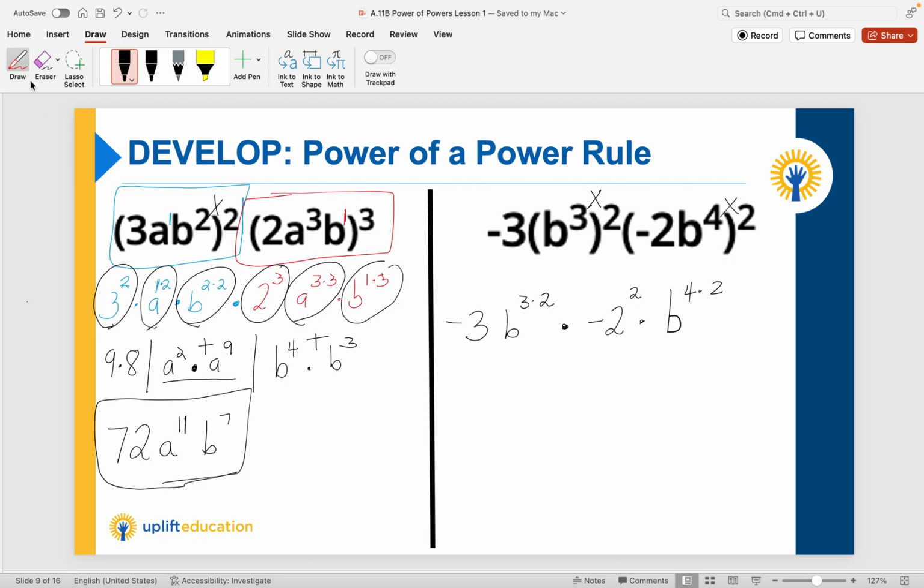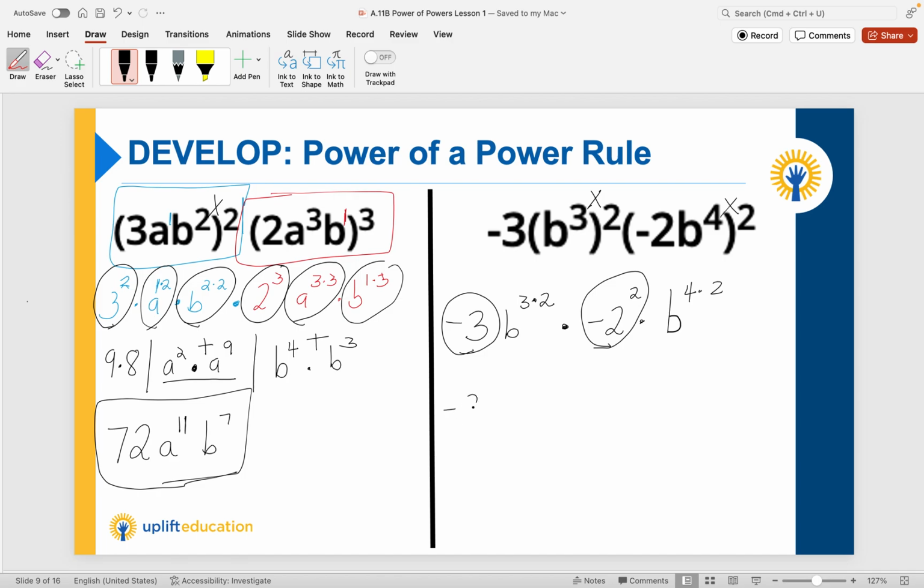All right. So now we're going to go ahead and do our multiplication here. And we're going to have our numbers first, like we always do. So I have a negative 3 times negative 2 squared. Well, negative 2 squared is the same thing as saying negative 2 times negative 2, and a negative times a negative makes a positive.